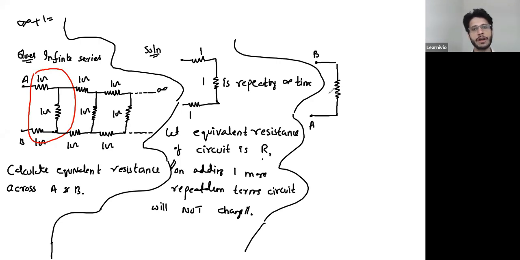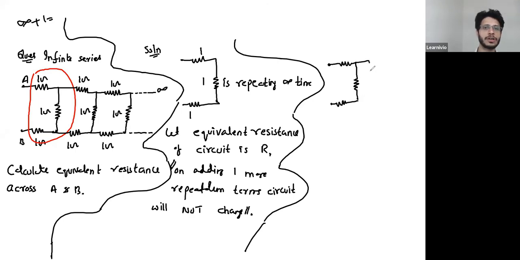Now I'm saying on adding one more repetition term, it will not change your circuit. So I'm adding just one more repetition term, and I'm saying that your circuit will not change.